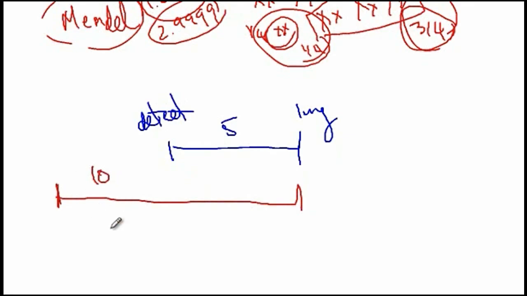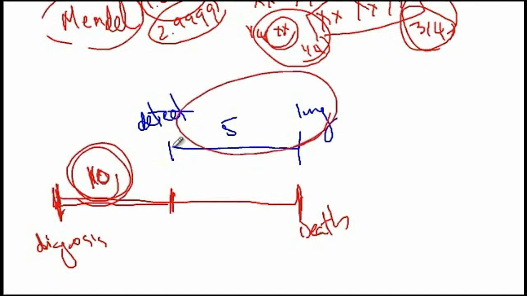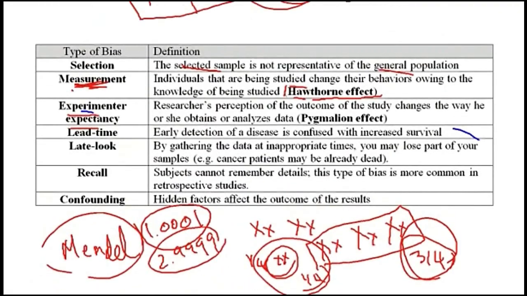And when experimenters check the survival in these individuals since the diagnosis till death, they come to the conclusion that by this new test of detecting early, the lifespan has been significantly improved in these individuals. But the truth is otherwise. It just has been detected earlier. While in here as well, the disease was also present, but it was detected too late. So this is an example of a lead time bias.